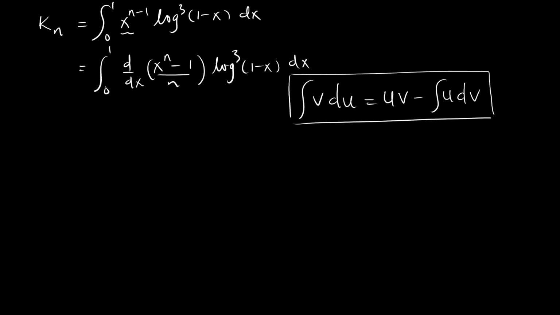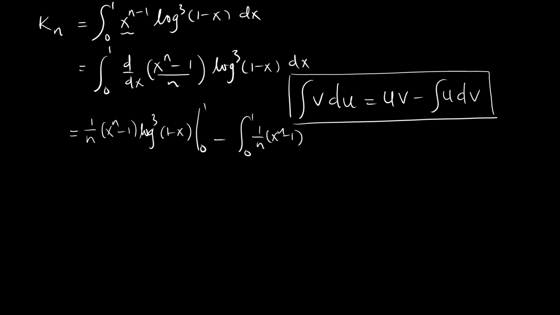So with that in mind, what do we get? Our uv becomes 1 over n, x to the n minus 1, log to the 3 of 1 minus x, evaluated from 0 to 1, minus the integral from 0 to 1 of u times the derivative of v.